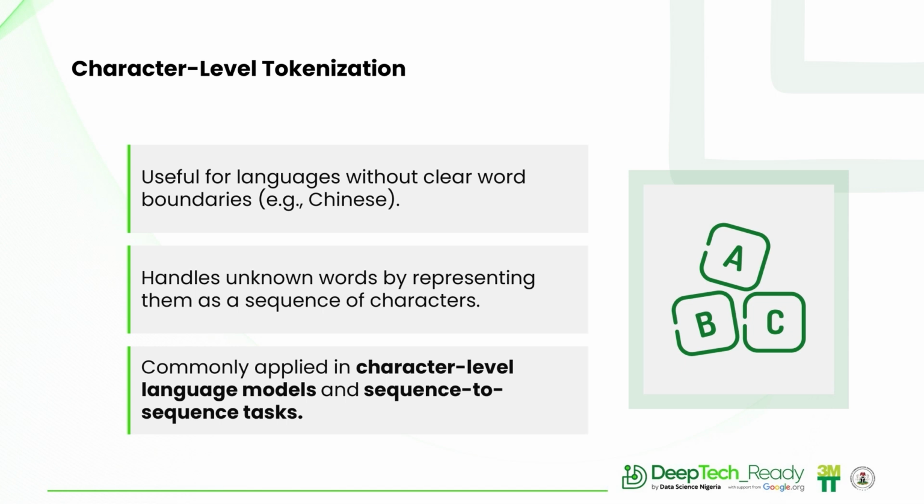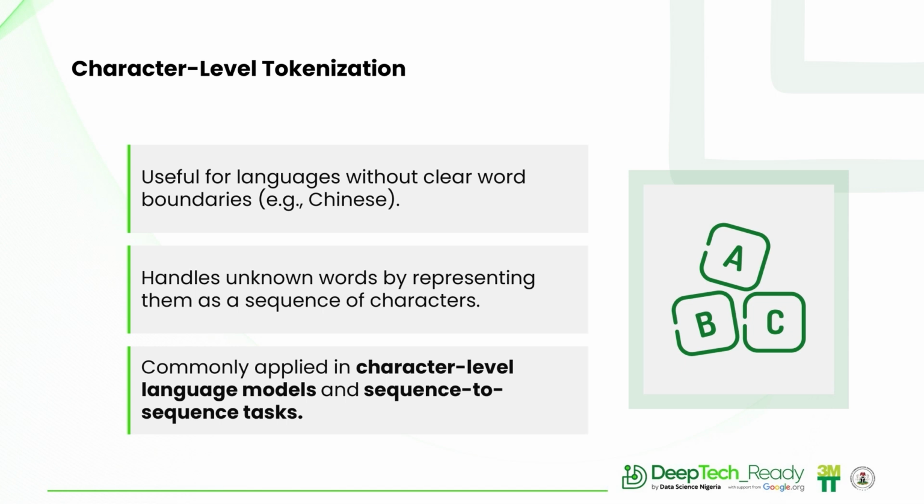Character-level tokenization is commonly used in tasks like character-level language models, where predictions are made at the character level, or sequence-to-sequence tasks such as machine translation, where every character in the input sequence is transformed into an output sequence. So although this is a versatile approach, it does lead to longer sequences and also requires more computational power, which can be a trade-off depending on the task that we are considering.